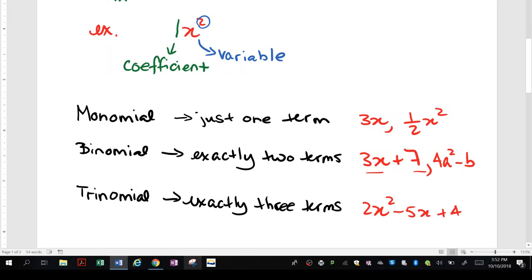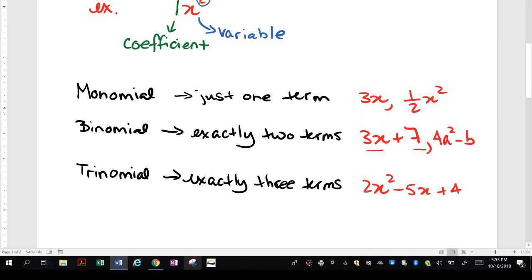This is a trinomial, so it has 3 terms. This first term has a 2 for a coefficient, then a variable of x raised to the power of 2. Then we're subtracting another term with a coefficient of 5 and a variable of x. And then we're adding a constant term of 4.